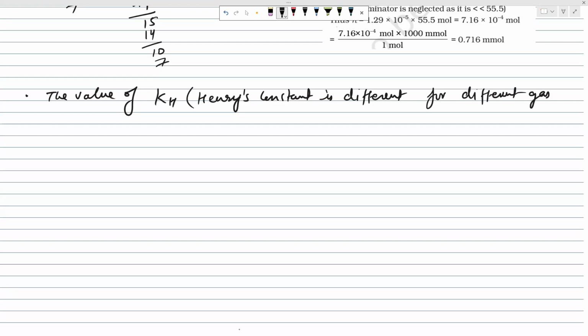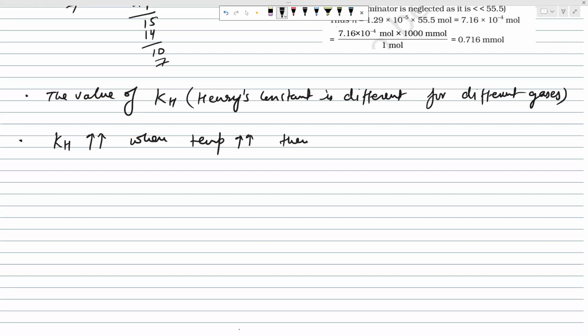The second point is that the value of KH increases when the temperature increases. And if the temperature increases, the solubility will decrease.